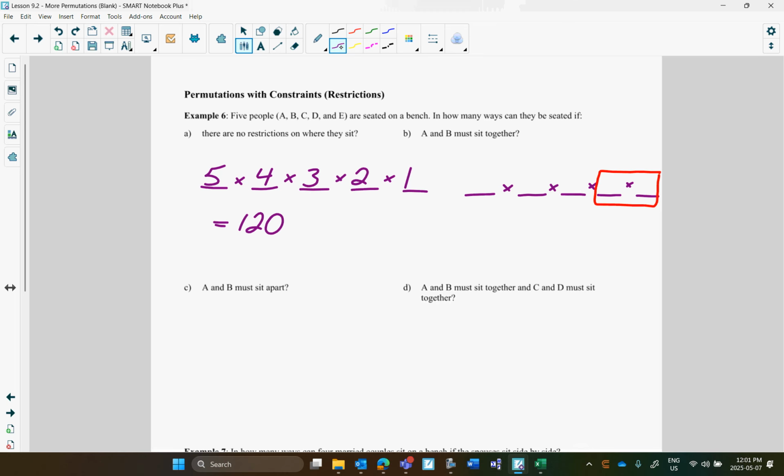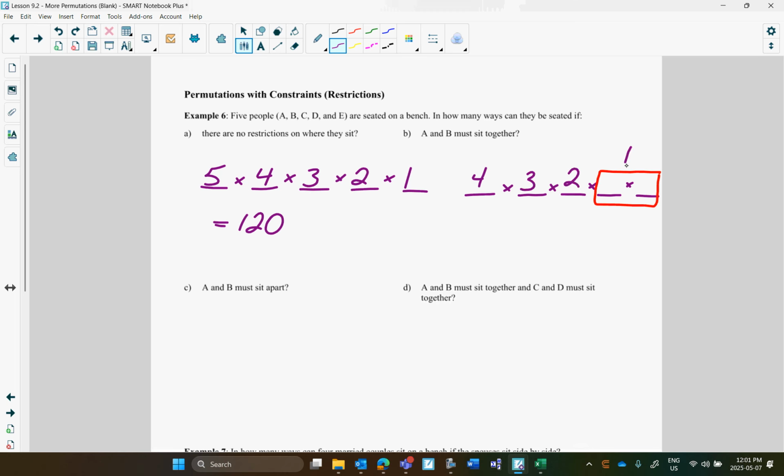If A and B have to stay together, think of them as one. Doesn't that mean I actually have only 4 to choose from now? I can choose C, D, E, but A, B have to be together. So it's actually going to be 4 times 3 times 2 times 1.